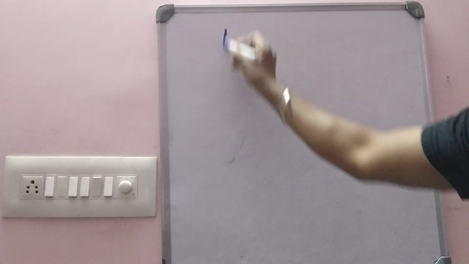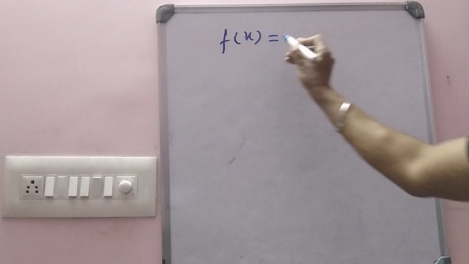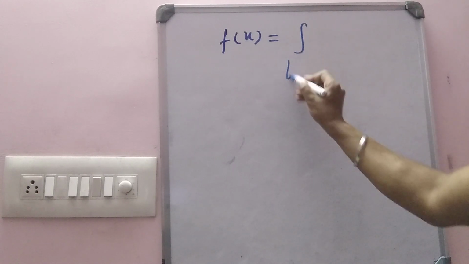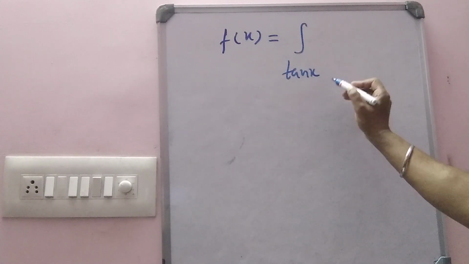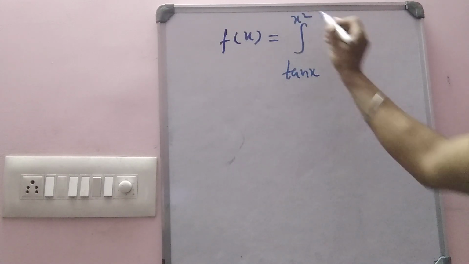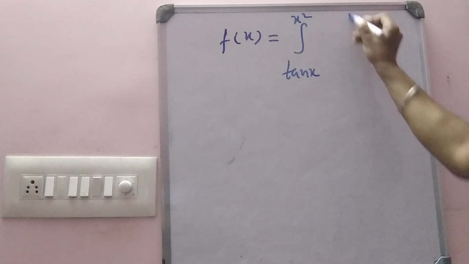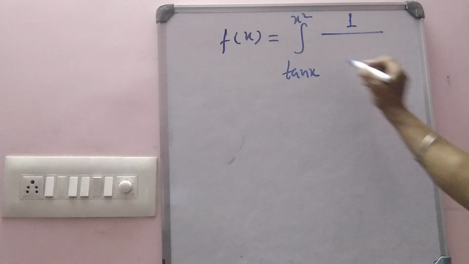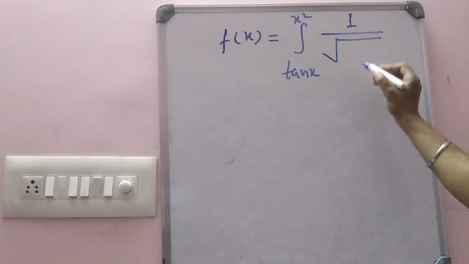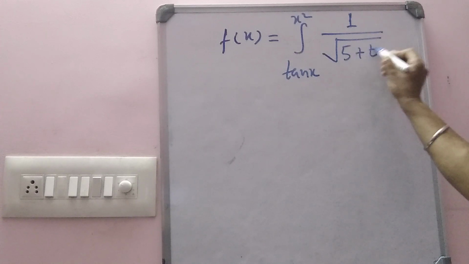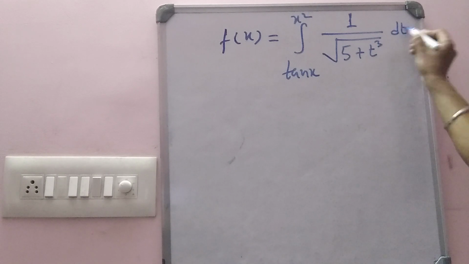Now the last problem I am taking: f of x equal to integral of limit 10x to x square, 1 by square root of 5 plus t cube dt.